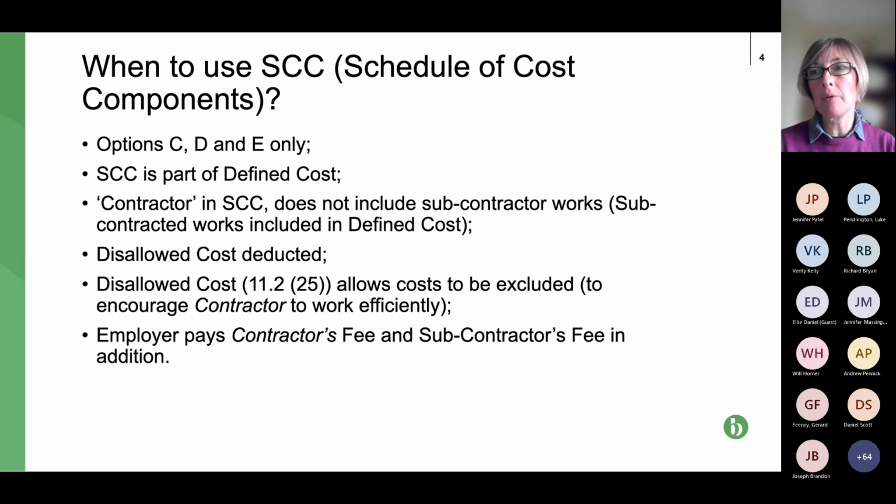Well, critically, there's no overhead included in that, and there's no profit. That's where the final bullet point here comes in, because we have our fee percentage, the contractor's fee and the subcontractor's fee. So when you have all the items added up from the schedule of cost components, you then add on the fee percentage, which covers the overhead and the profit and a few other bits and pieces, which we'll see later on.